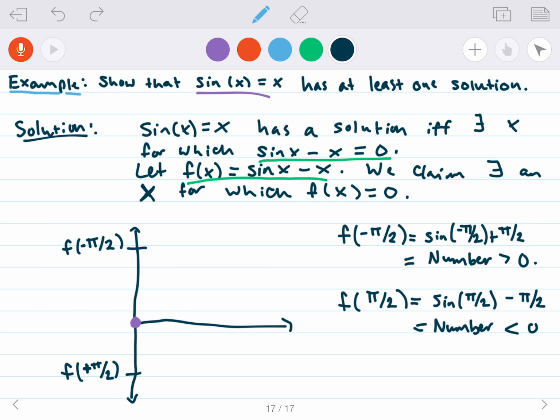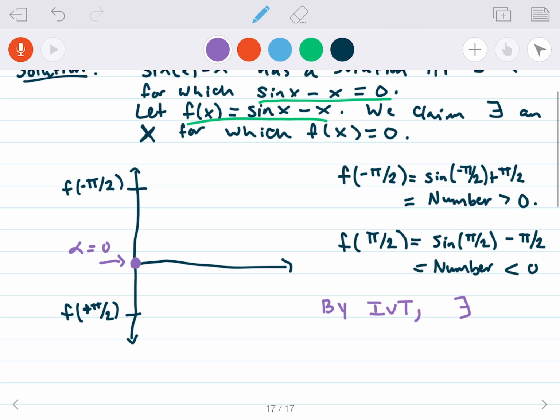So by the intermediate value theorem, since 0 is our alpha, by IVT, there exists, and maybe I should extend out my line here.